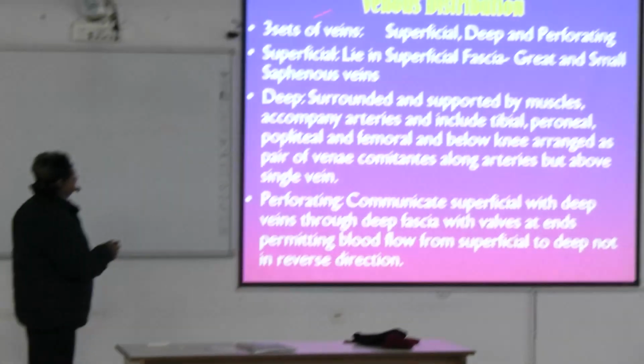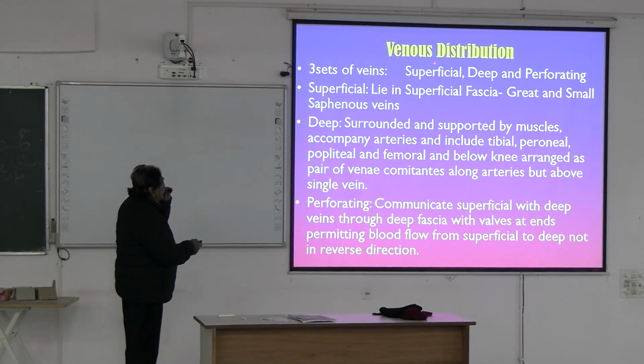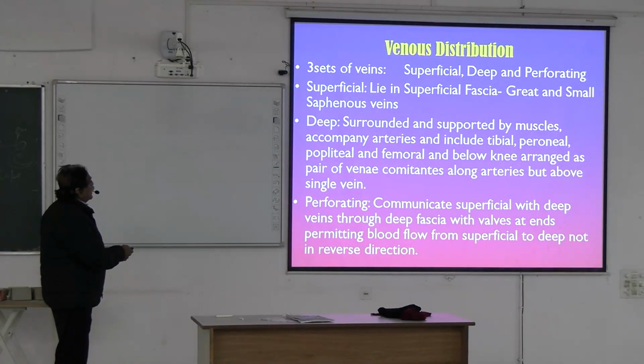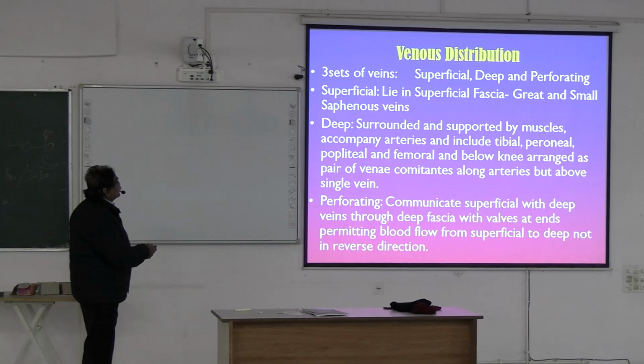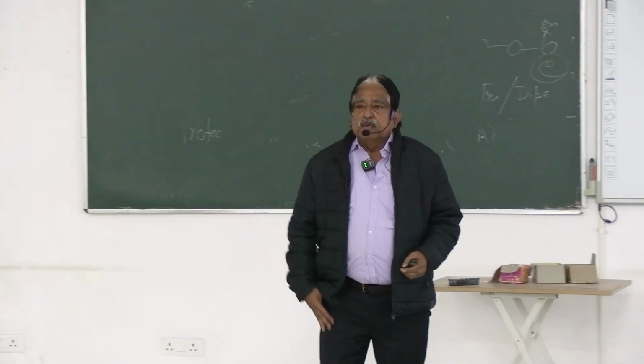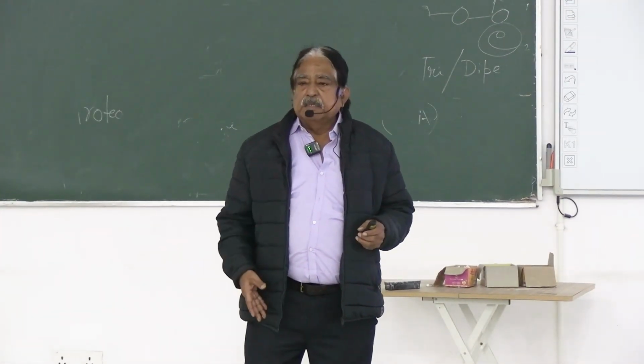Now see, I repeat, the three sets of veins are superficial, deep and perforating. Superficial veins lie in the superficial fascia: the great and small saphenous veins. When you go to the hostel, you see your own saphenous vein, the root.